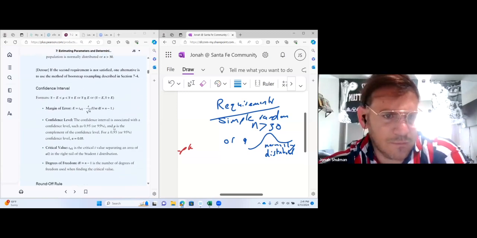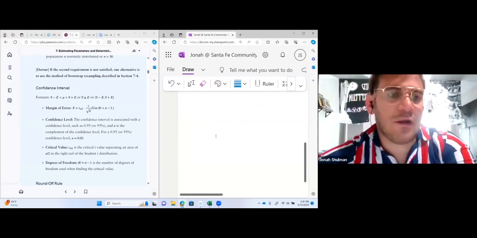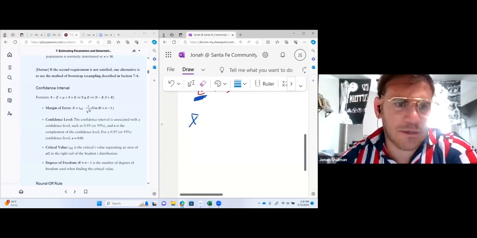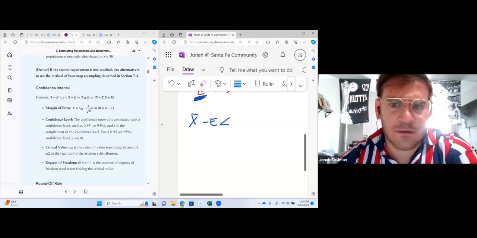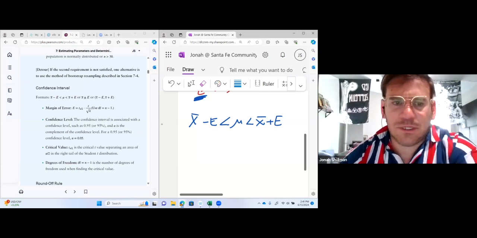All right, so here are our formulas. They shouldn't be too hard. If they are, I'll try my best. So we have our sample mean minus E, our mean, our sample mean plus E. That's the one we're going to use.